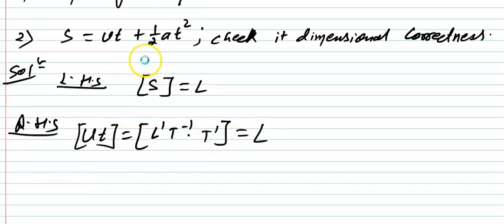Similarly, there is one more part in the RHS, that is half at square, and ignore the half.